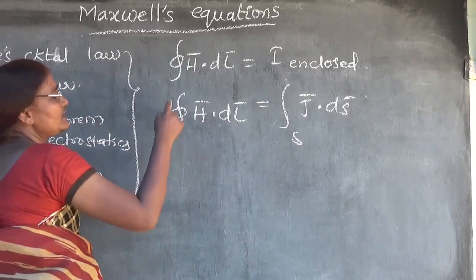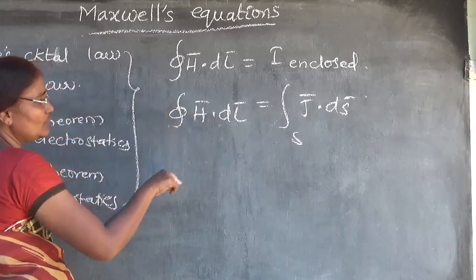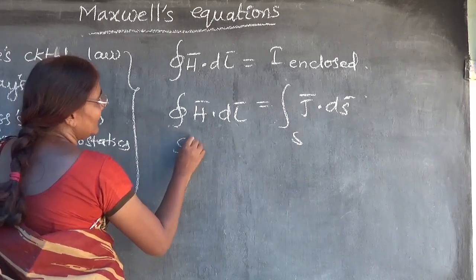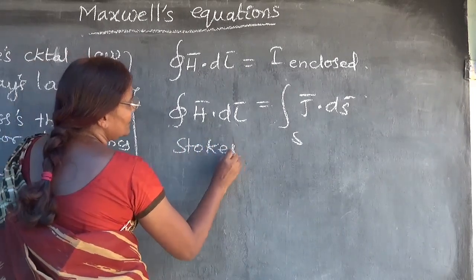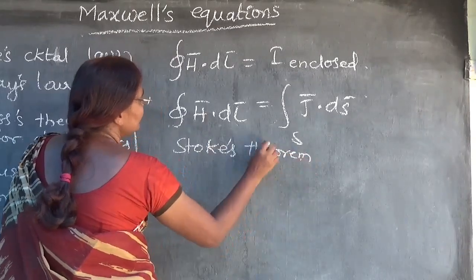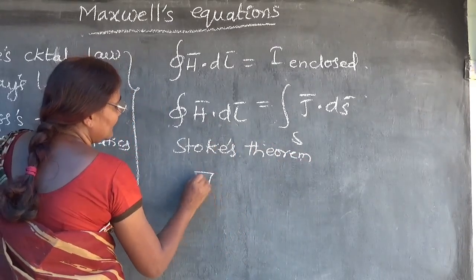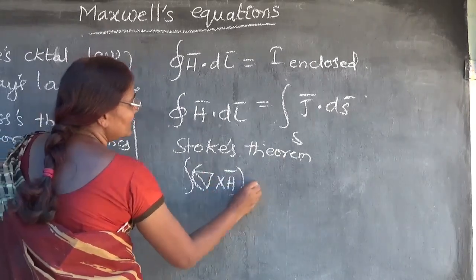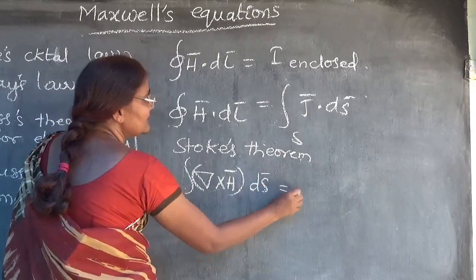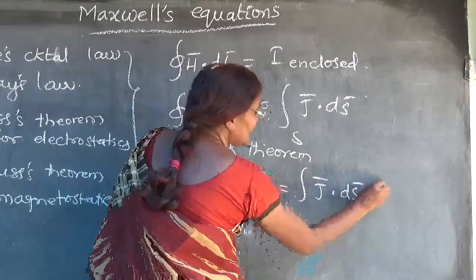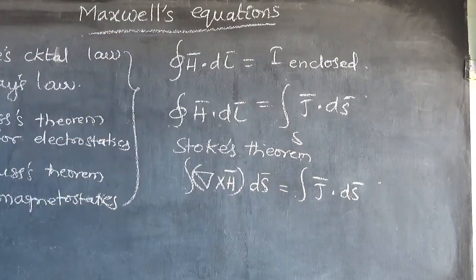To convert this line integral into a surface integral, I use Stokes theorem. By using Stokes theorem, I can convert this as the integral of del cross h bar dot ds bar is equal to the integral of j bar dot ds bar.